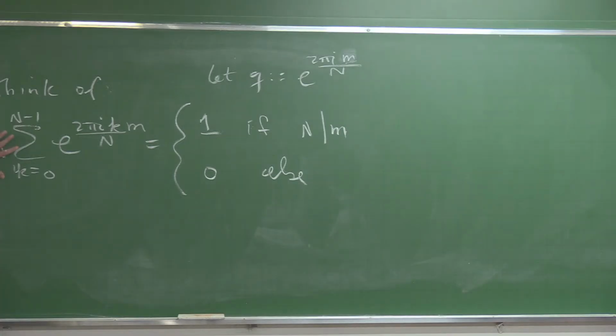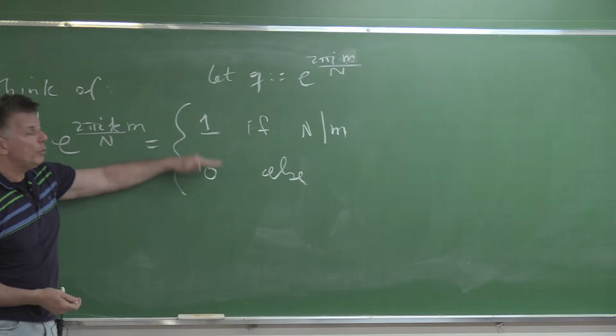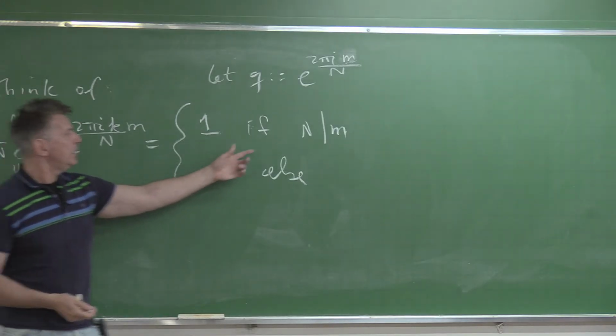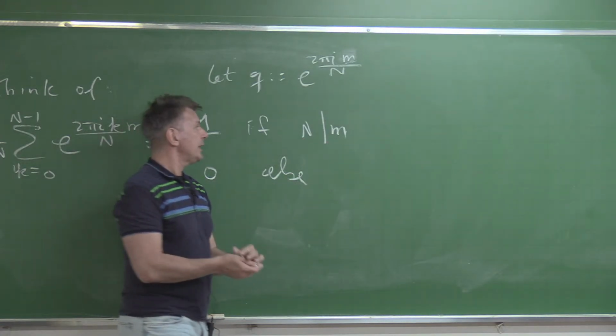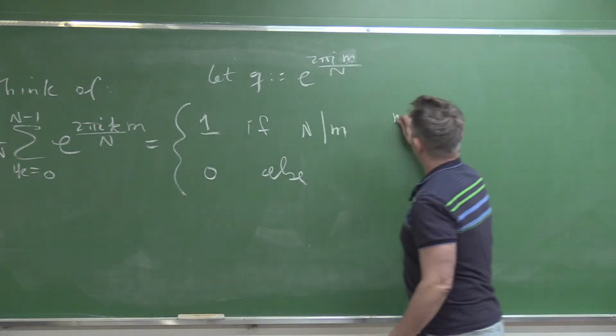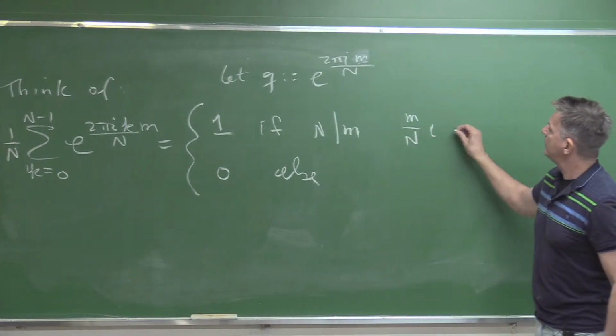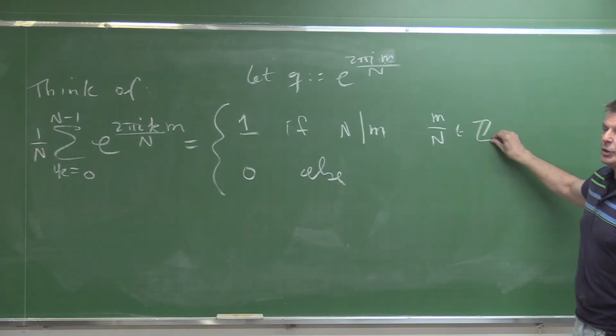So this is also very, very easy, but some people call this the harmonic detector. You're detecting 1 if a certain elementary number theory fact is true. In fact, you're detecting 1 if a certain rational number is an integer.